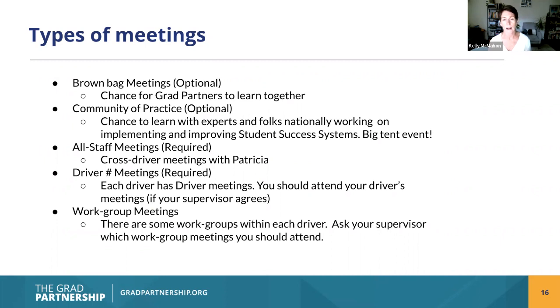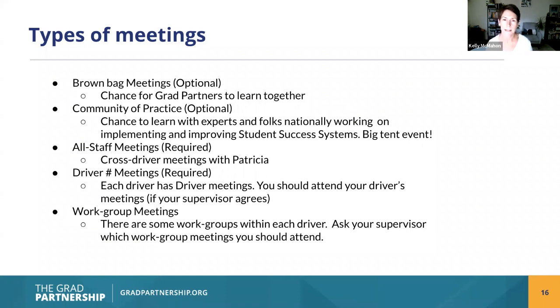There is a community of practice, a big tent of sorts to bring in all the folks across the US who are doing on-track and early warning systems or student success systems. There's usually a speaker of some sort, an expert, and these are held monthly. It is optional. Please spread the word and invite whomever you think would be a good candidate to join our community of practice. They're welcome to join.